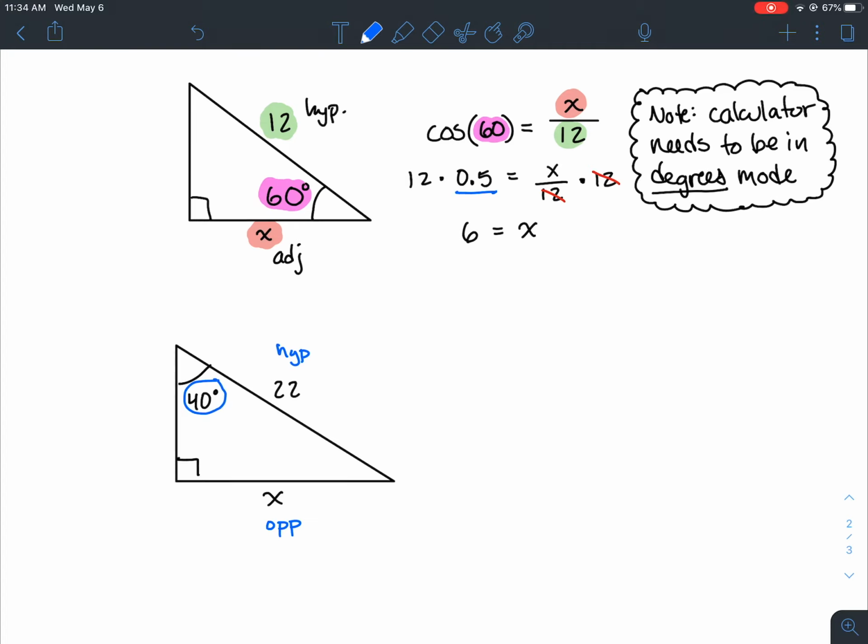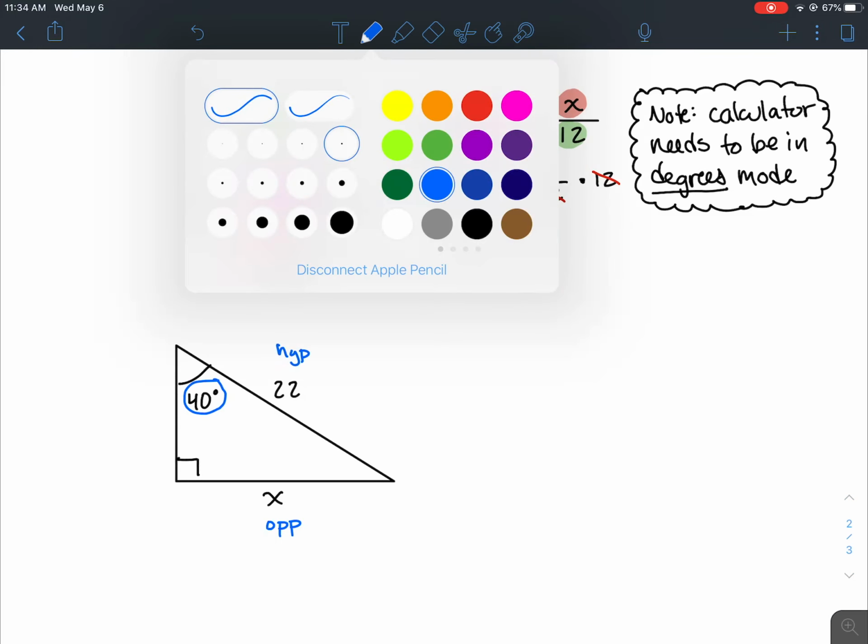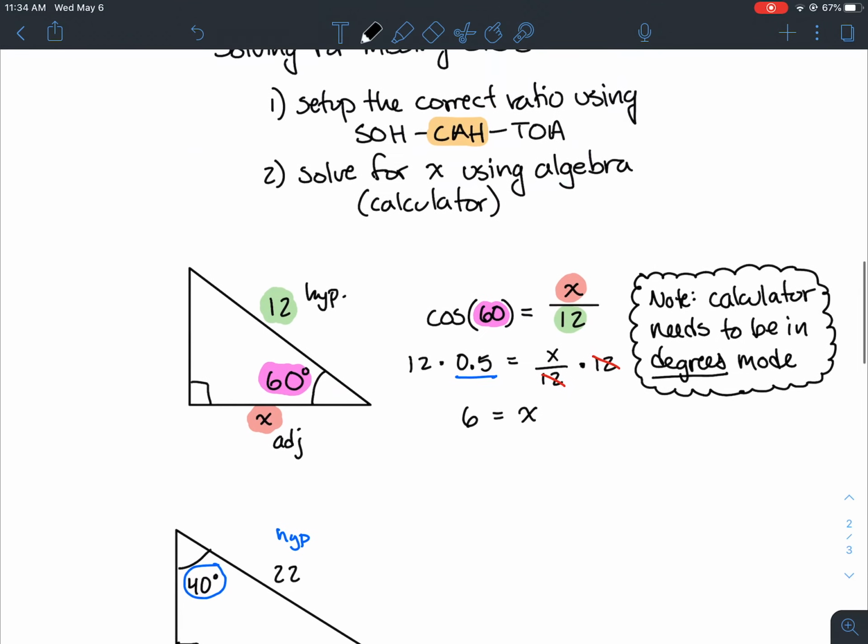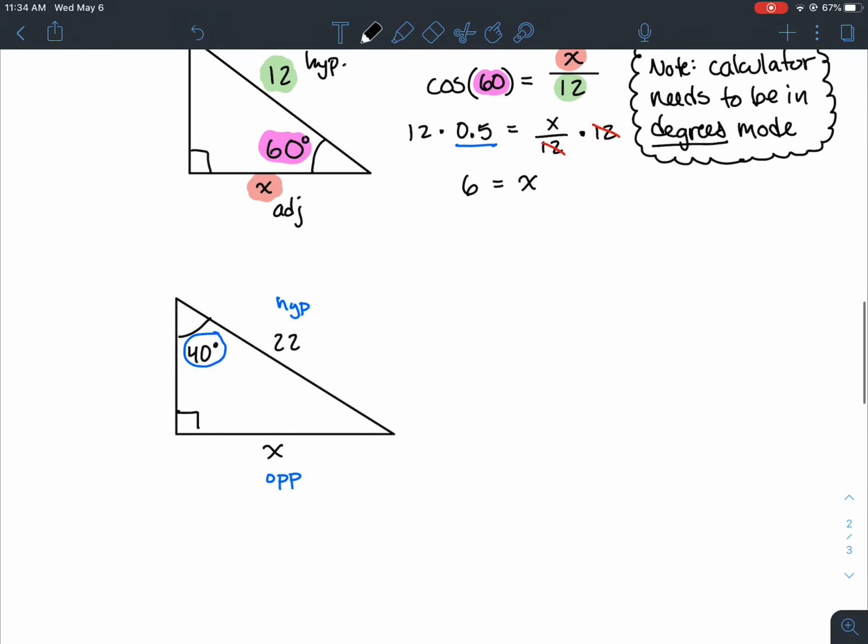So if we look at our ratios, which trigonometric ratio uses the opposite and the hypotenuse? Well, that's going to be our sine. If we go back up here, you can see sine has opposite and hypotenuse. So I have the sine of 40 degrees is equal to the opposite over the hypotenuse.